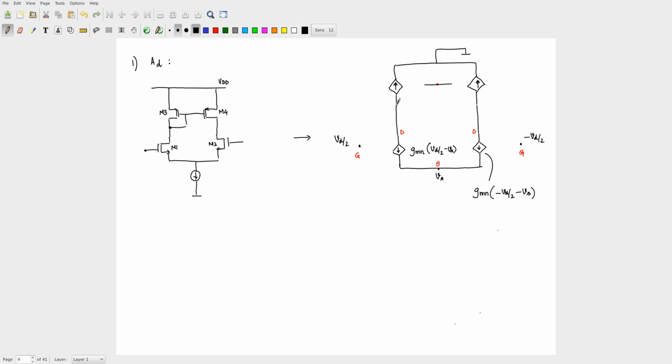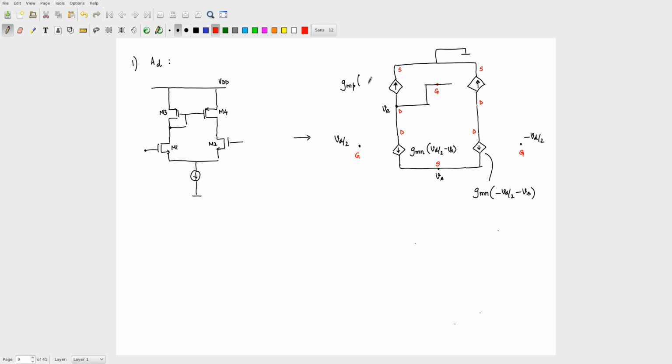Have we missed anything? Yes, indeed, we have to connect this here. Let me call this voltage VA. So what is this current source? This is GMP into VGS, correct? This is the gate, this is the drain, and that is the source.